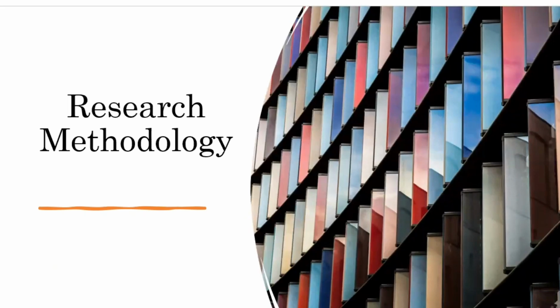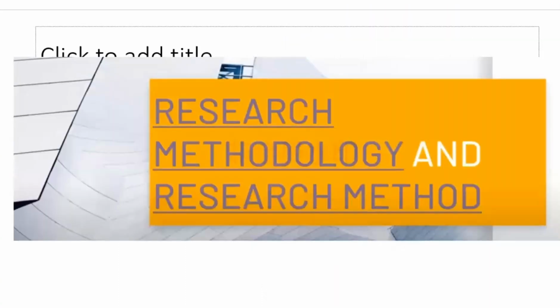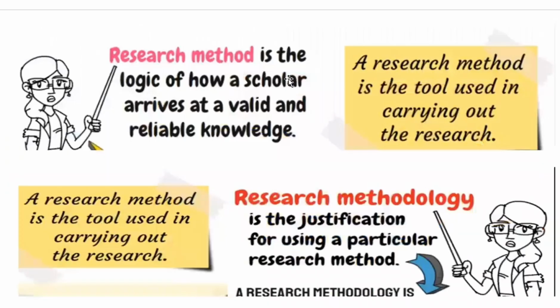In a research methodology, we have what we call research method. So, what is this research method? Research method is the logic of how a scholar arrives at a valid and reliable knowledge. A research method is the tool used in carrying out the research, while the research methodology is the justification for using a particular research method.